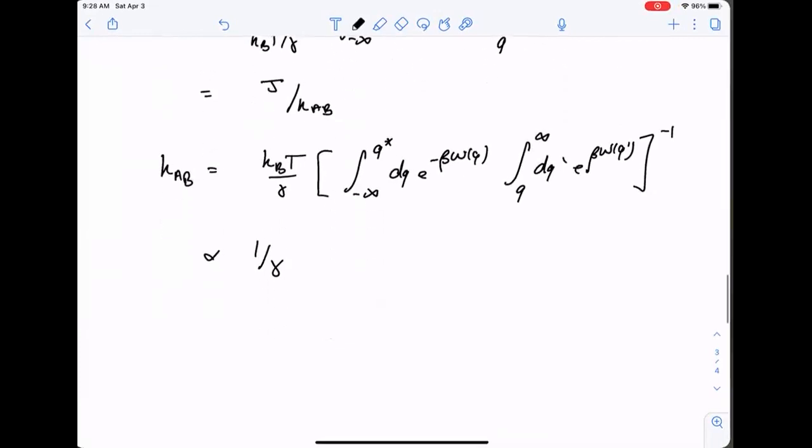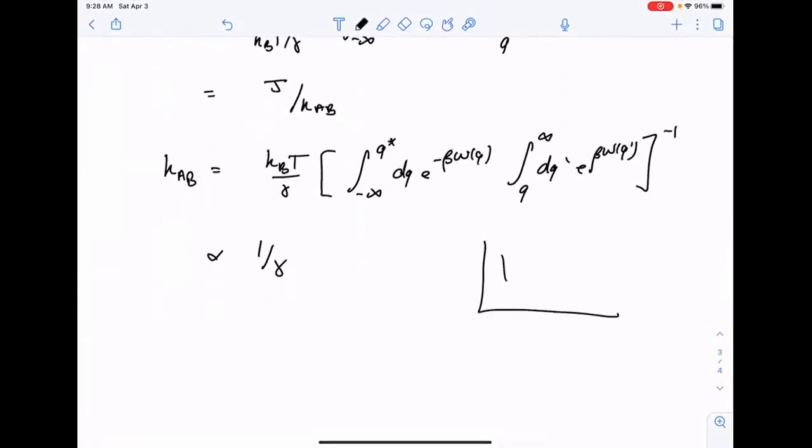What we've done is we've taken a system evolving on some potential or some free energy and insisted that the dynamics are overdamped. So the dynamics that evolve at the top of the barrier are diffusive dynamics, and kBT over gamma is the diffusion constant.